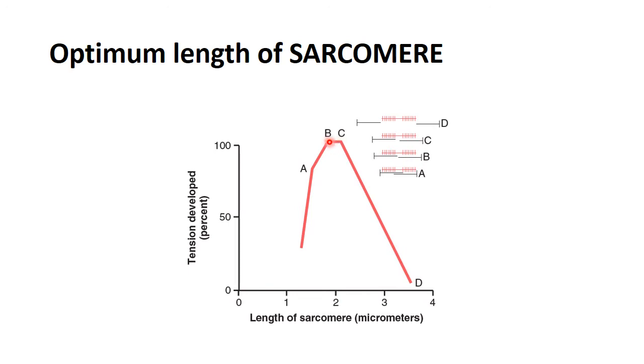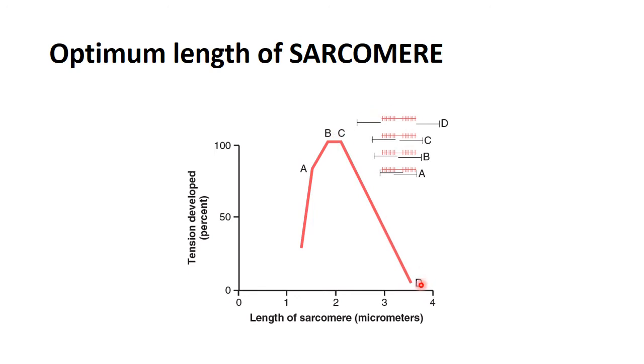Between B and C you find the plateau, because up to point C, the maximal cross bridges are developed, or you can say the number of cross bridges formed between the actin and myosin filaments is maximal.